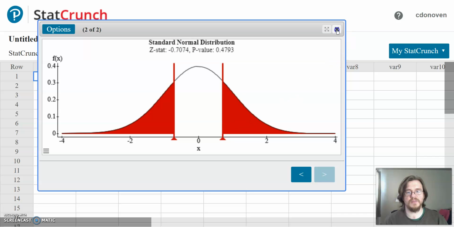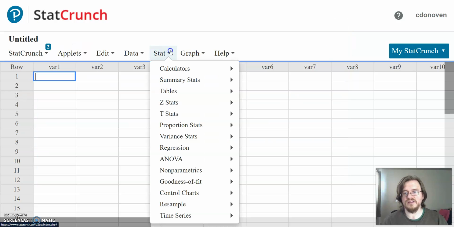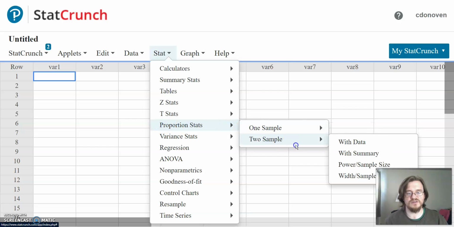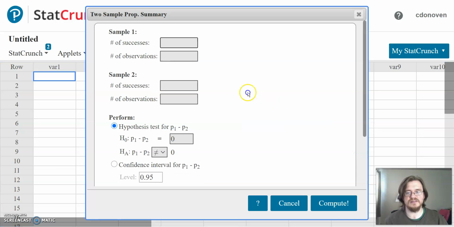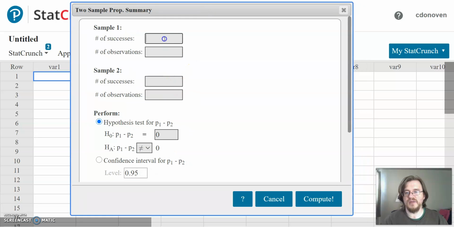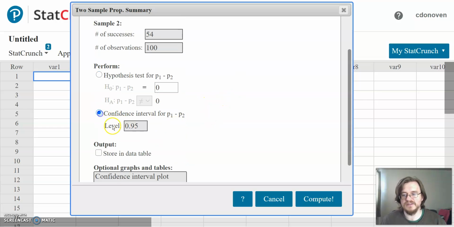So that's pretty big. And then very quickly, what I can do is the same thing. We can go to proportion statistics, go to two-sample, and summary again, inputting the same information, but instead of doing the hypothesis test, we can compute a confidence interval.